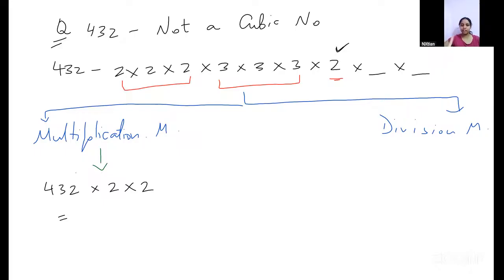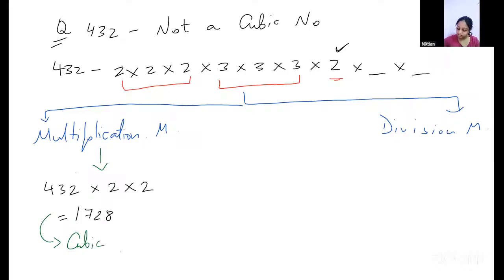I'll show you how division works. First, tell me what will be obtained when we multiply 432 with 2 and 2. One, 7, 2, 8. Yes, 1728, which is a cubic number. Ma'am, this is too big.